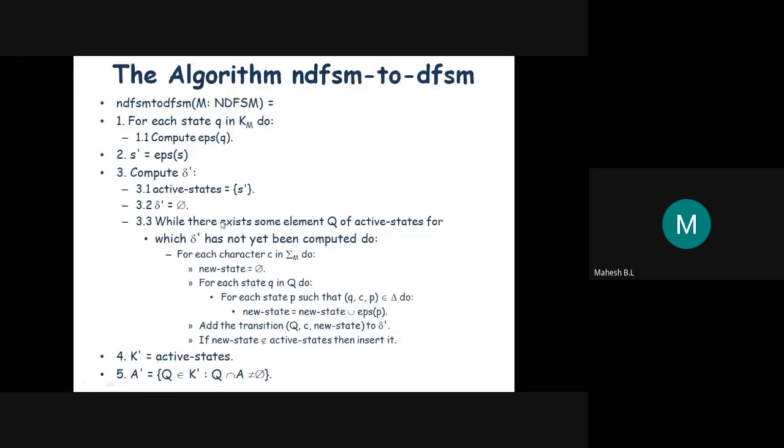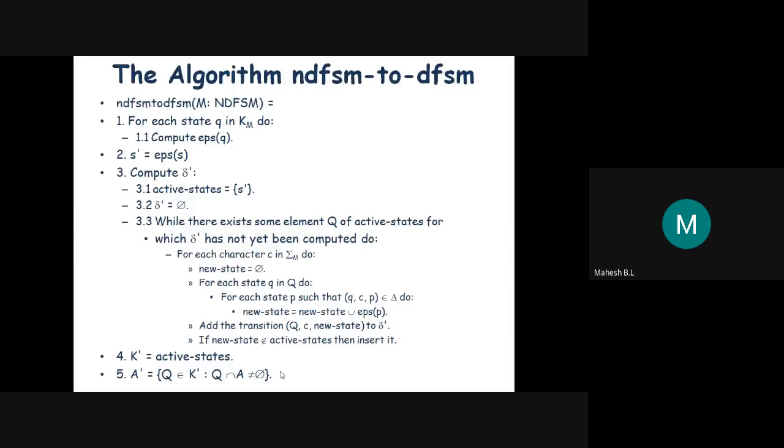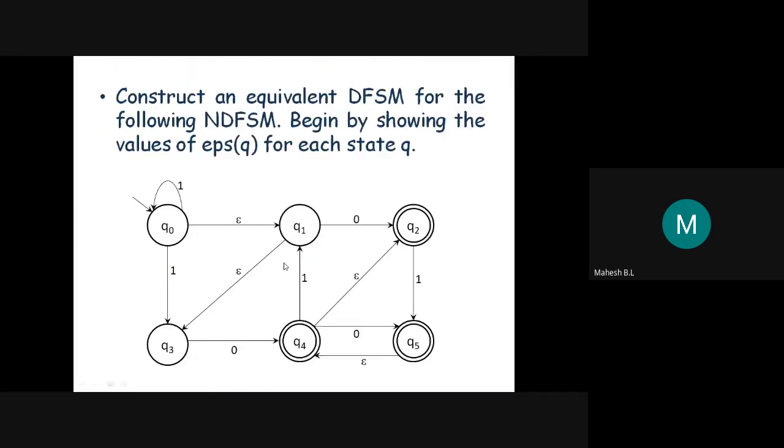You know that delta dash has not been computed for that. What you need to do for each character C in sigma? How many characters are there here? 0 and 1. You need to compute delta dash for both 0 and 1, one character at a time. Let's consider 0. You need to assume a new state which is initially empty. Then for each state q in Q, where Q is Q naught, Q1, Q3, there are 3 states.